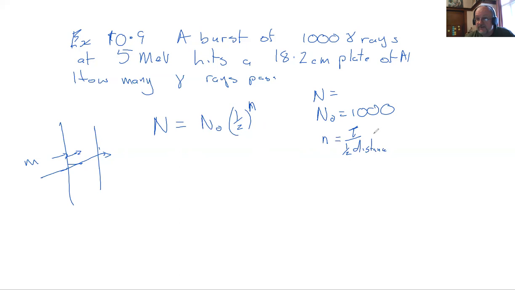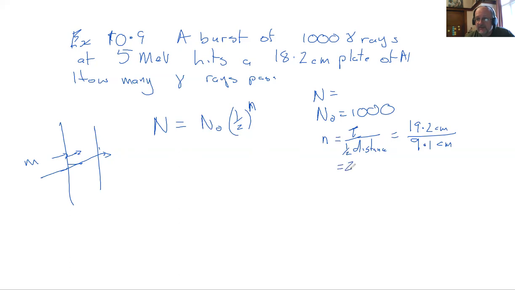We're going to do this in centimeters. I know that engineers are afraid of centimeters, but I'm also a physicist, so I'm not scared of centimeters. The thickness we've said is 18.2 centimeters. Looking at that earlier table, I said the half thickness of aluminium at 5 mega electron volts is 9.1 centimeters.